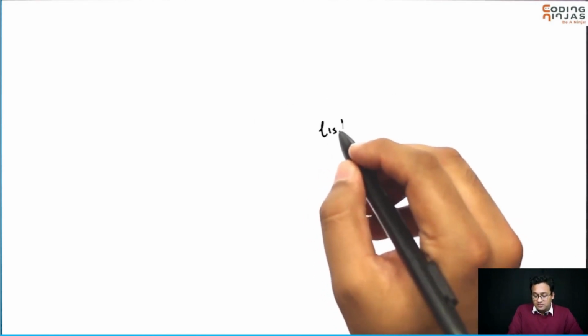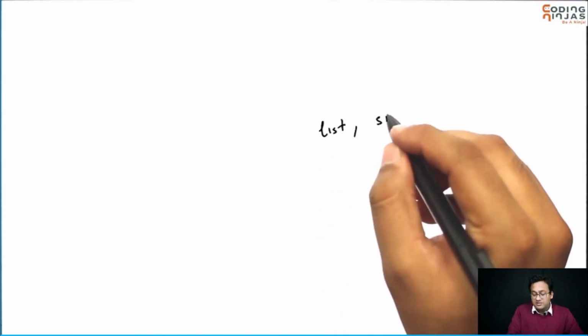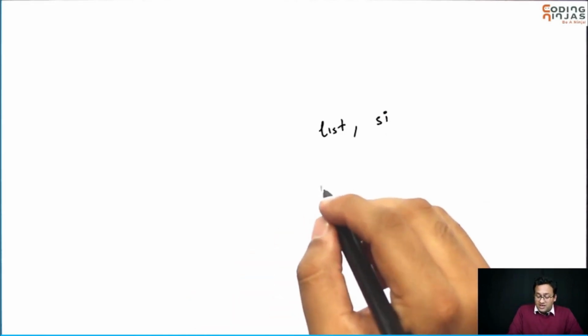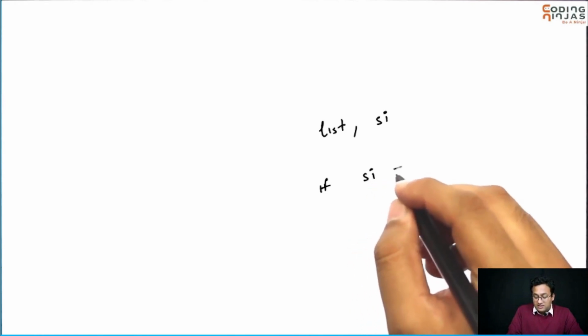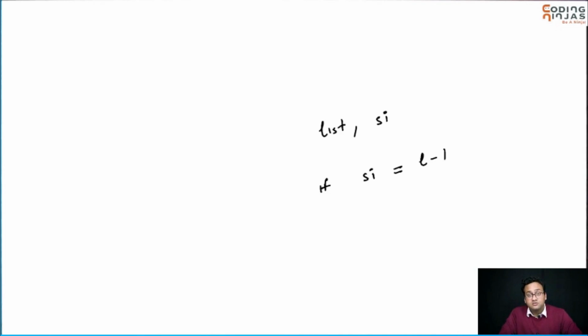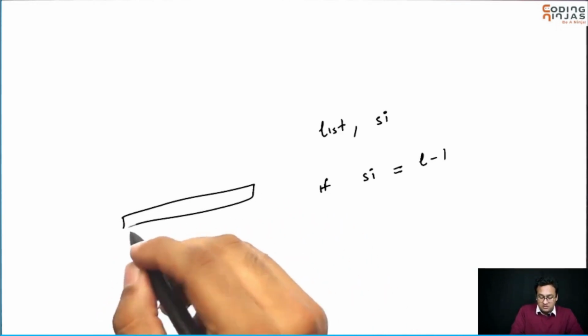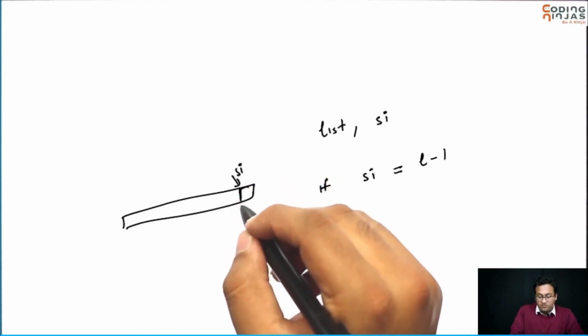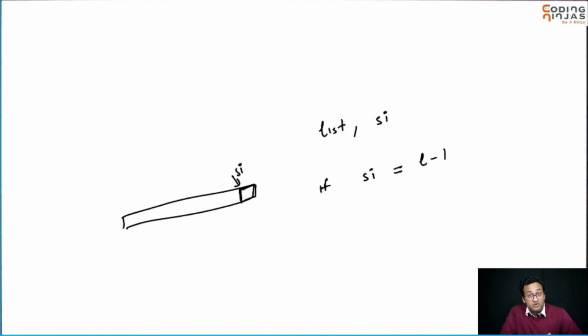So now my function is going to get a list, and it's also going to get a start index. In case your start index is equal to length minus 1, what does this mean? This basically means start index is here. I just have one element left. And in case you have one element left, it's sorted, right?